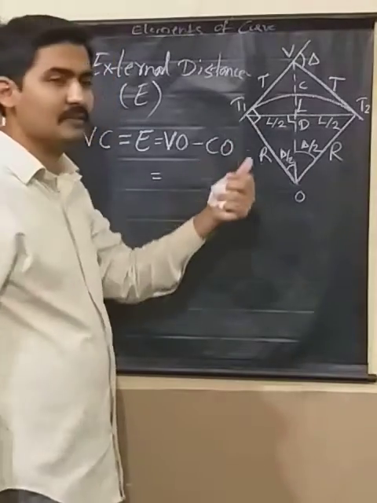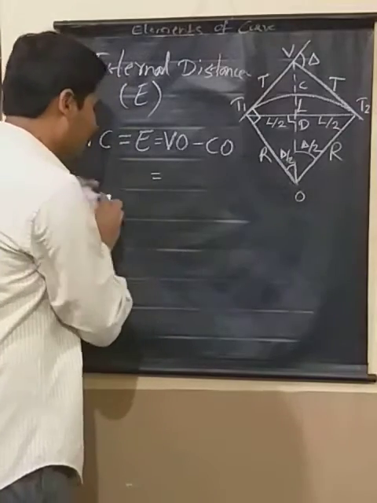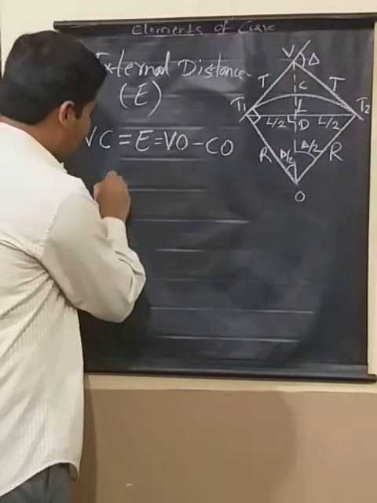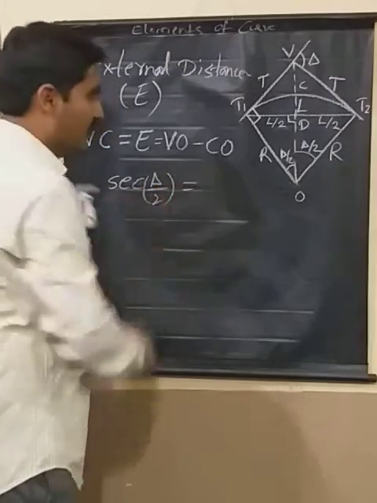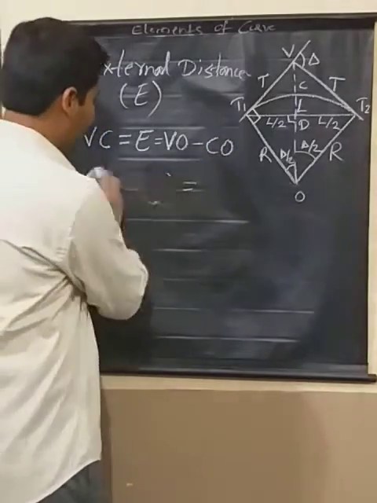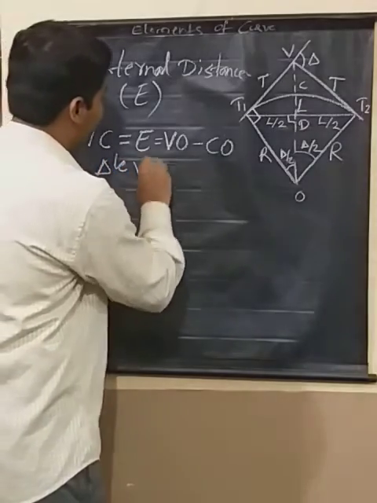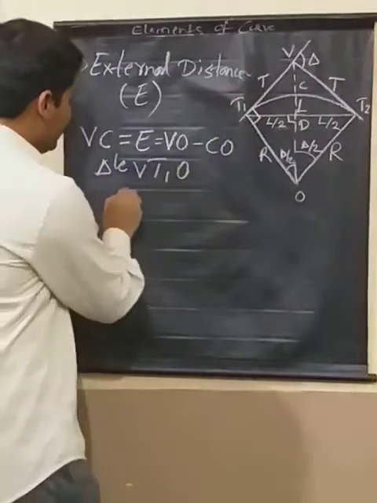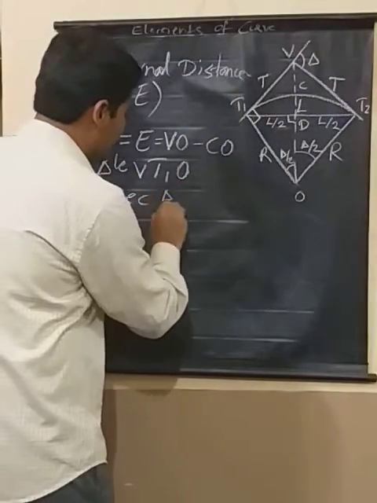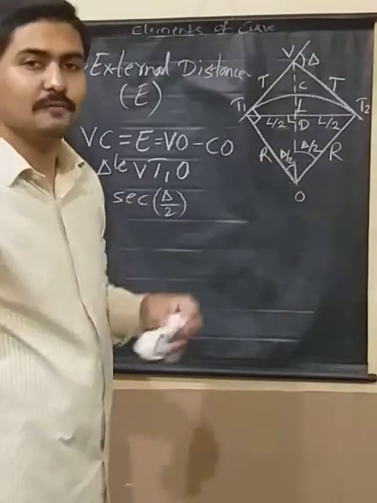So instead of using cos, I am going to use secant theta. Why I am going to use secant, you will come to know now. Secant delta by 2 is equal to, from triangle VT1O, secant means inverse of cos.